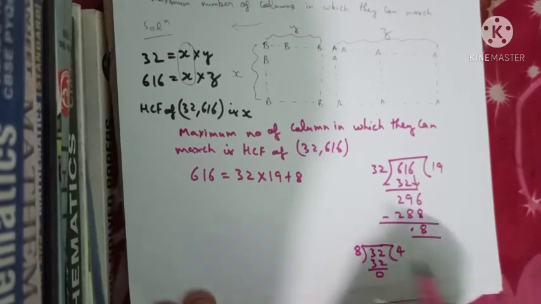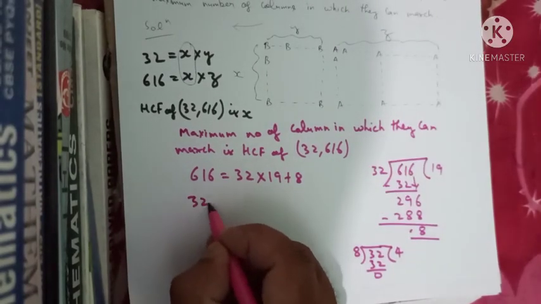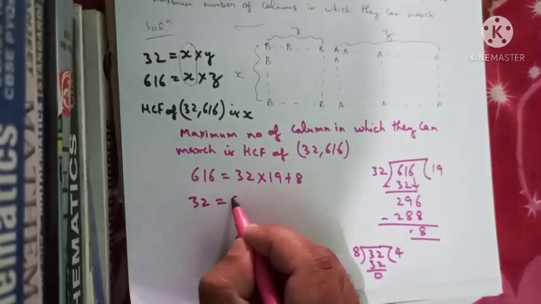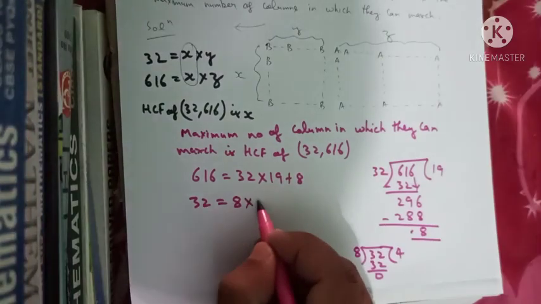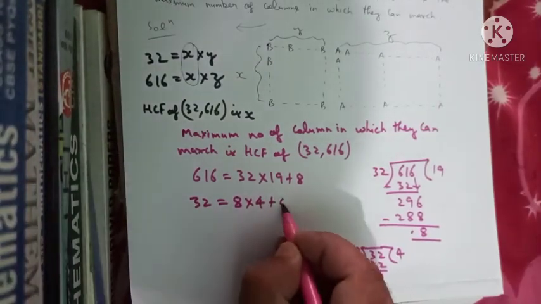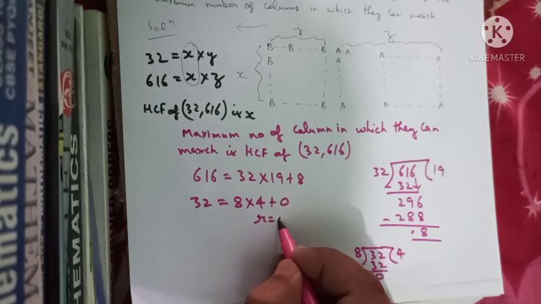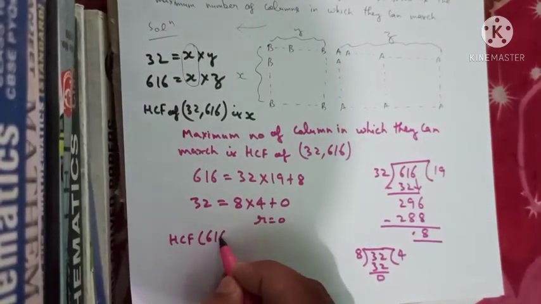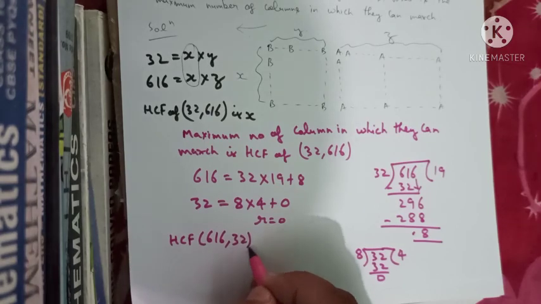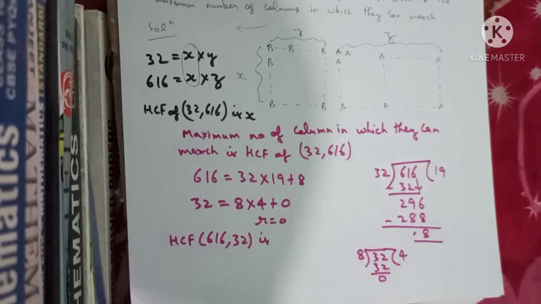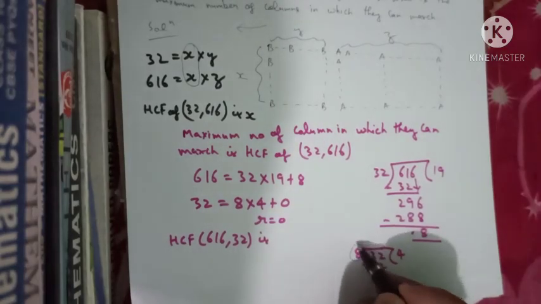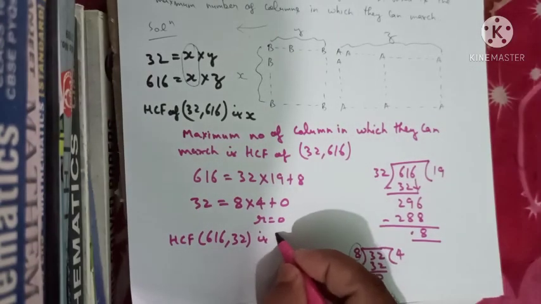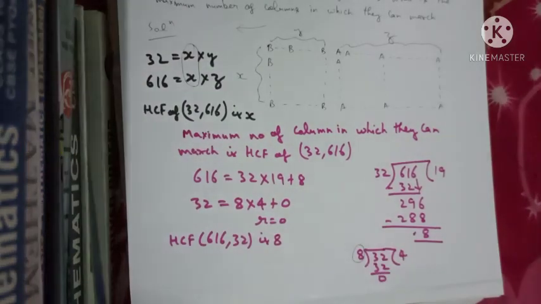We can write it as dividend 32 equals divisor 8 into quotient 4 plus remainder 0. Since the remainder is 0, the HCF of 616 and 32 is the last divisor, and the last divisor is 8.